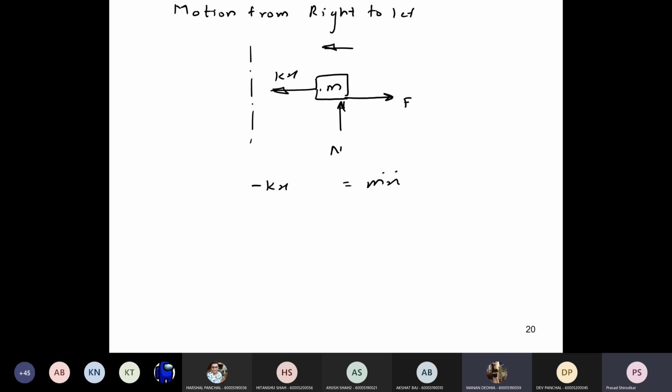So it's minus. You see kx is taken as minus kx. All right. So friction is opposite to that. If this is taken as negative, then friction will be taken as, you have to add this. So this will be plus F.